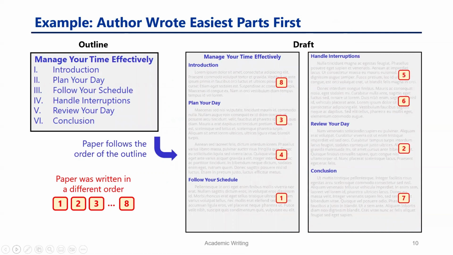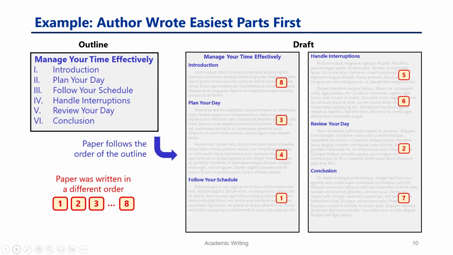Here we have a picture of an outline on the left and a draft on the right. When you look at the draft, the headings are in the same order as the outline. In the outline, the first thing is the introduction, and that's the first section of the draft. The next thing in the outline is plan your day, and plan your day is the next section in the draft.